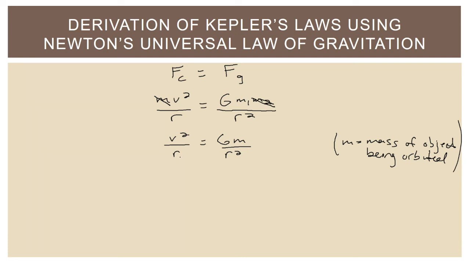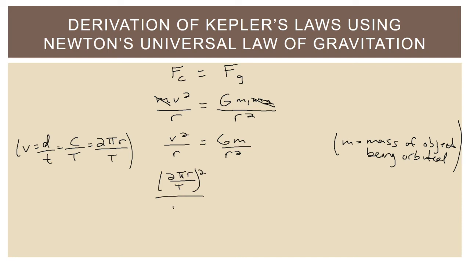And what we can do now is recognize the fact that we just discussed, which is that for an object experiencing circular motion, the velocity is a ratio of the circumference to the period, 2 pi r over T. So we can sub in here for the velocity 2 pi r over T, and then put that over r like this equation says. And then we have that equal to still GM over r squared.